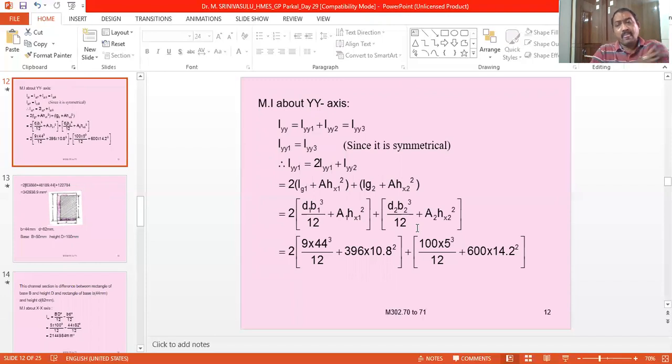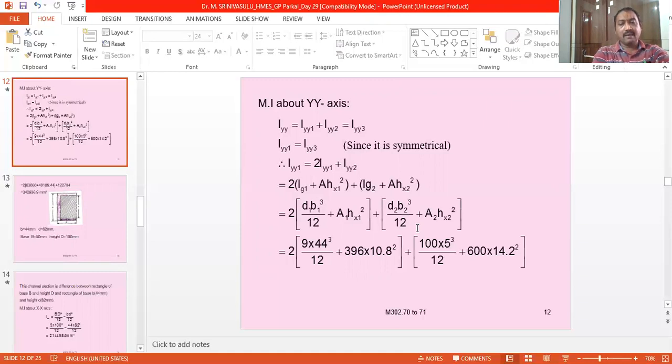Therefore, the A into h squared term will not be there. So Ixx is equal to Ixx1 plus Ixx2 plus Ixx3, and we know the general formula Ixx is equal to bd cube by 12.